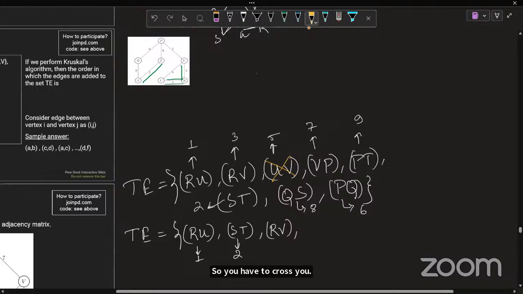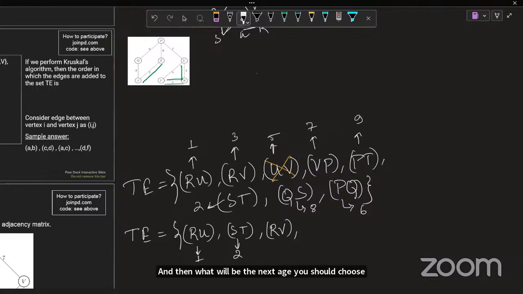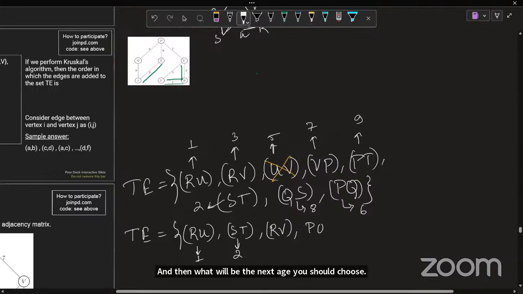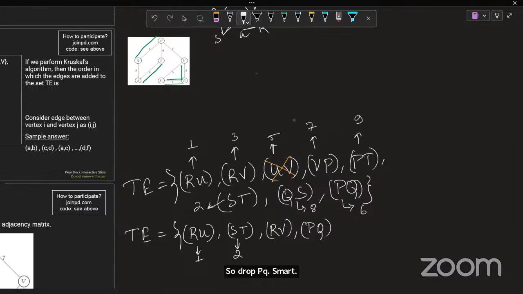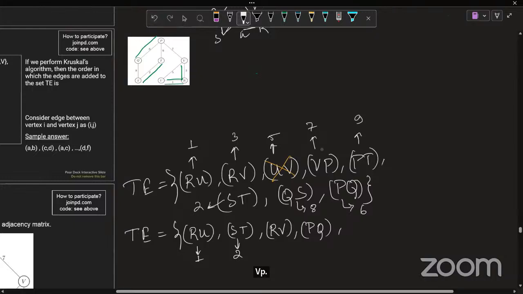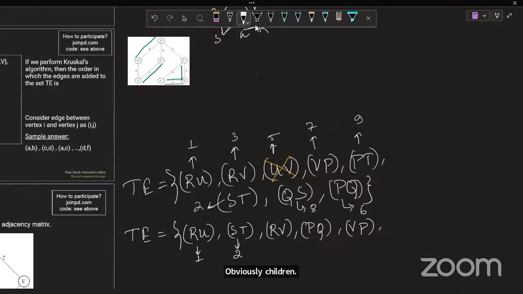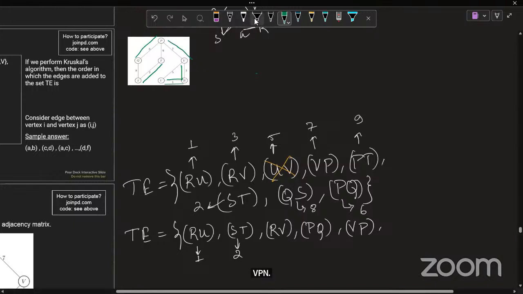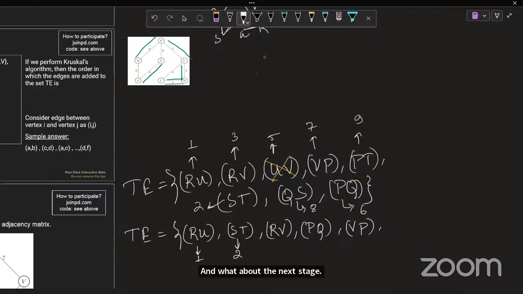And then what will be the next edge you should choose? PQ. So write PQ here. PQ is fine. So draw PQ. So PQ is done. What about the next edge? VP. So this one is also done. And what about the next one? QS.